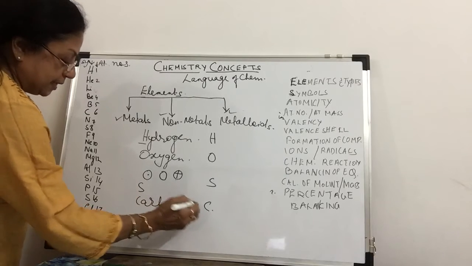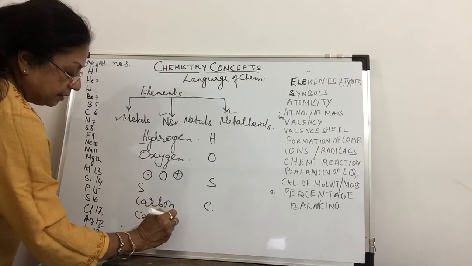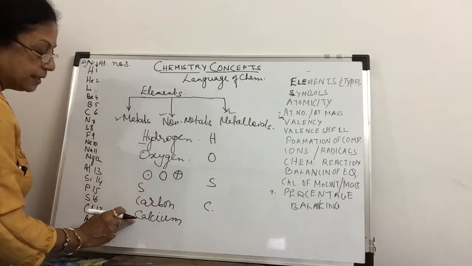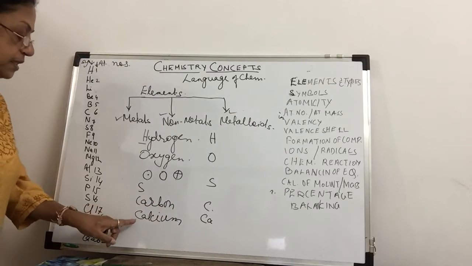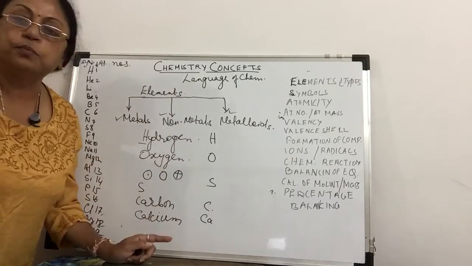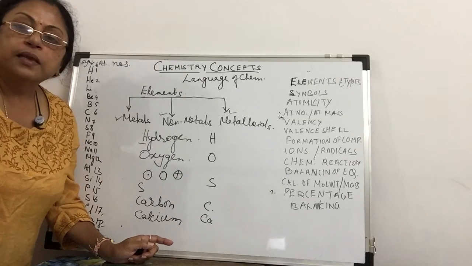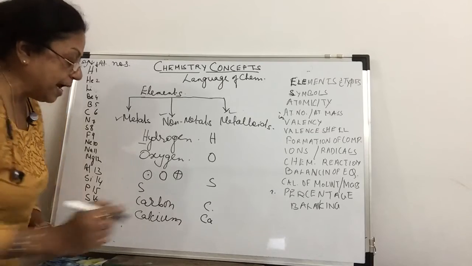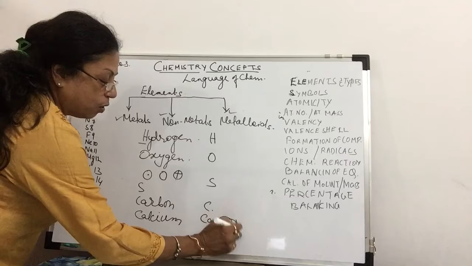But carbon is C, and calcium is also C. So what to do? The first letter is C, so the second letter has been taken. After the C of calcium comes a small a. A very important thing: the first letter has to be a capital letter and the second letter has to be a small letter. If you write calcium as CA, it becomes wrong.